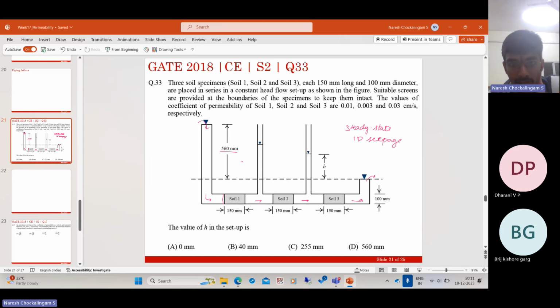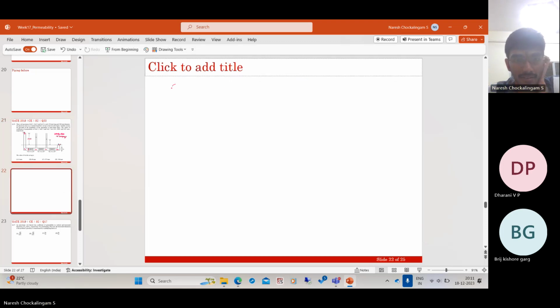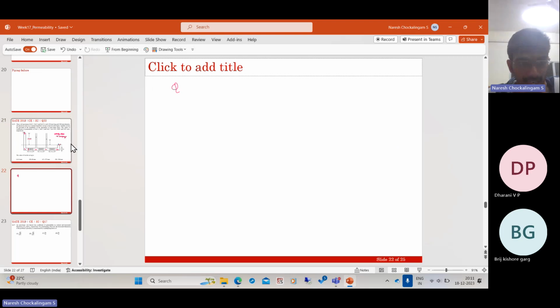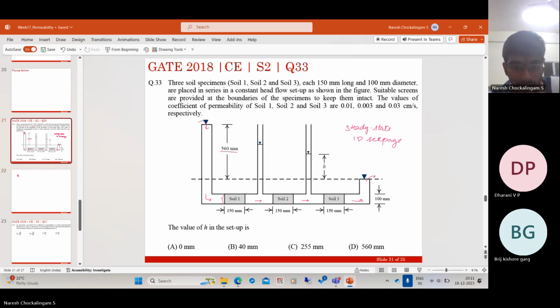Now you can also solve along with me. So if you have this, what is constant? The flow rate is constant in time, but what else can we see? Right, head is also constant in time. So let us consider these three different soils. Let us assume the pipes are all frictionless. Here there is no head loss.